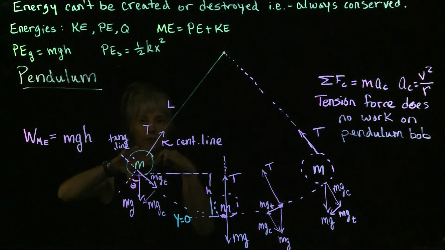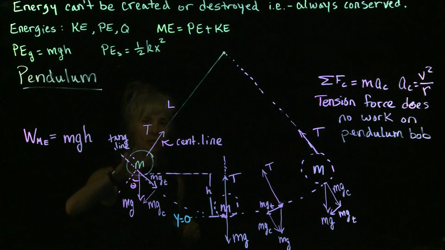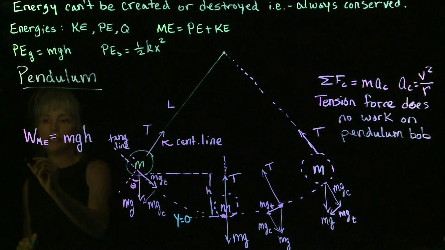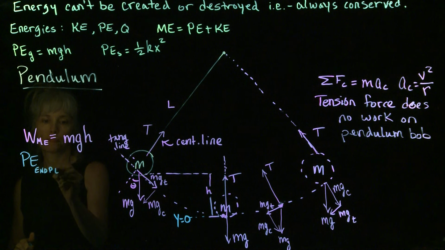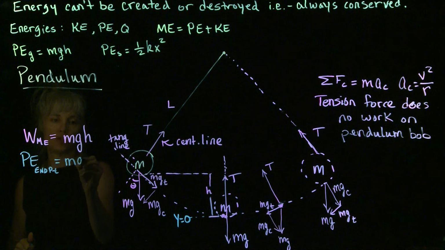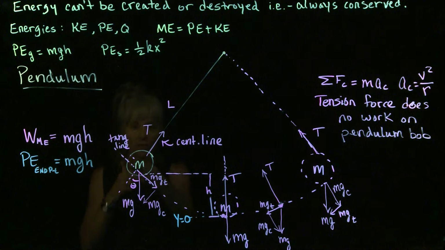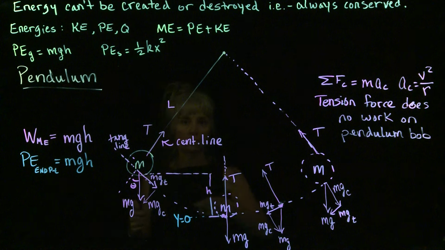So energy shifted from us to the gravitational field, namely the bob now has gravitational potential energy with an initial amount, and I'll just say here this is the end point, is going to be mgh for the bob. And it doesn't matter which of these endpoints, right? The potential energy is the same.